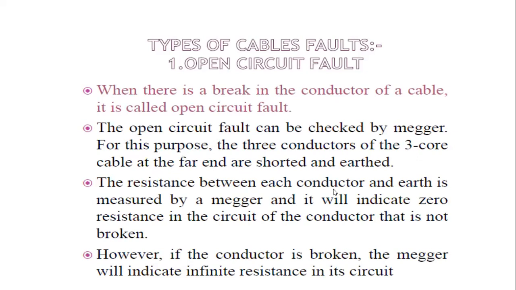Next, the resistance between each conductor and earth is measured by the Megger, and it will indicate zero resistance in the circuit of the conductor. However, if the conductor is broken, the Megger will indicate infinite resistance in the circuit.